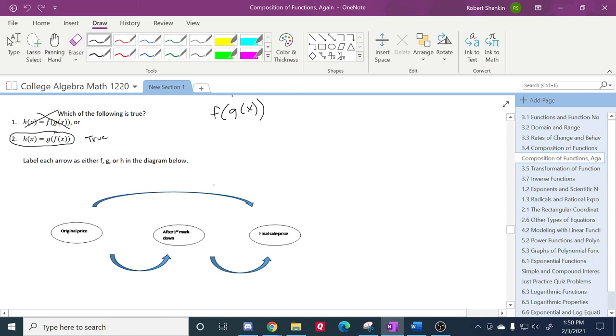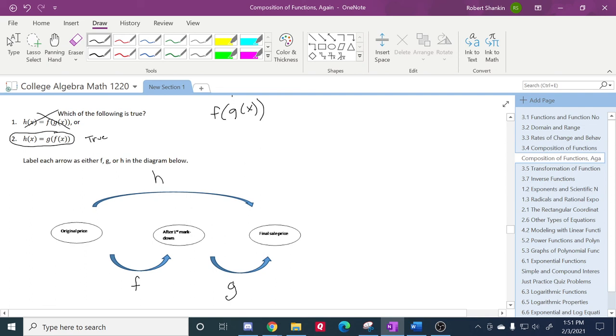Yes. The top one, can I go? Yes. The top one would be H, the bottom left would be F, and the bottom right would be G. All right. And why did you think the bottom right was G?